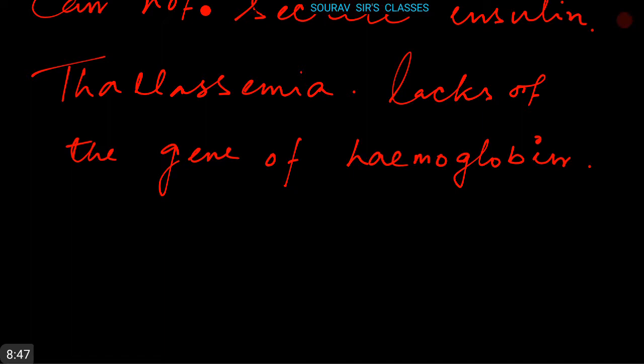A person suffering from sickle cell anemia has an altered gene whose product makes the red blood cells abnormal on exposure to oxygen because they contain faulty hemoglobin.